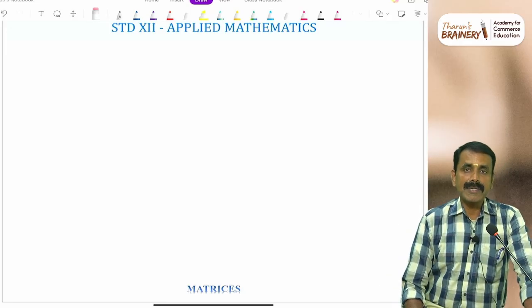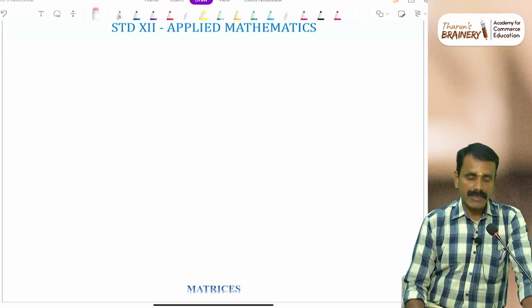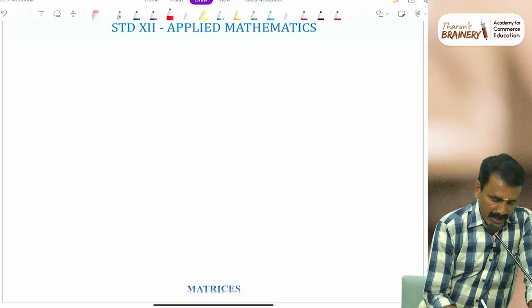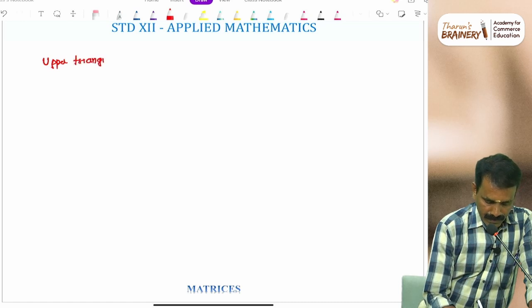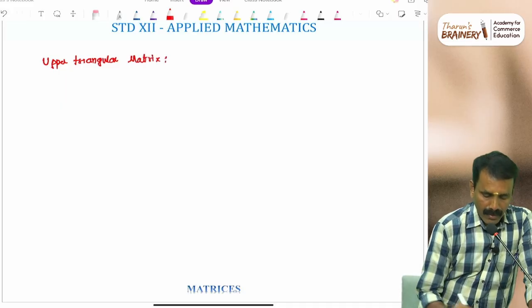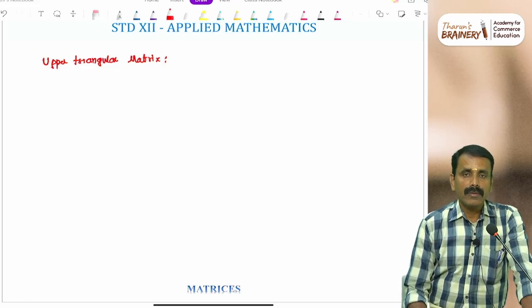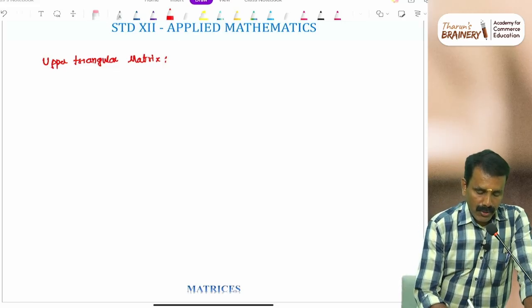Now we are going to see special cases of matrices. First, we are going to consider the upper triangular matrix.